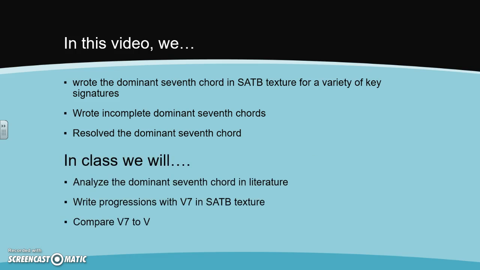In class, we are going to analyze the dominant 7th chord in literature. We're going to write full progressions. In this video, we only resolved it. We're going to practice approaching it and resolving it, and then just to build our ability to evaluate and analyze, we're going to compare 5/7 to 5 and see how they function, how they sound, and that's where we are.